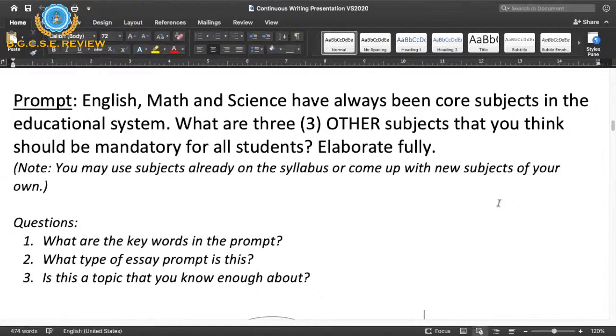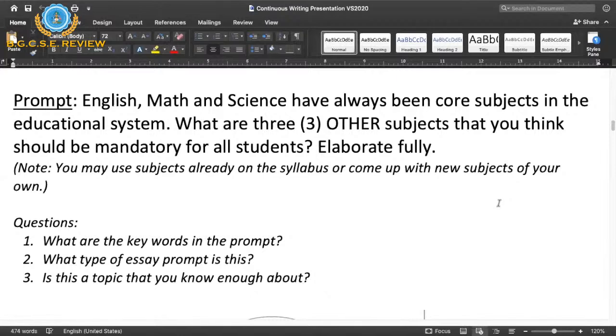Now, Mr. Taylor, I'm not sure, I don't think they've ever used elaborate fully on the continuous writing exam, but I said to put it there to challenge students a little bit. So when it says elaborate fully, what does that word elaborate mean? You can send your answers in the chat.